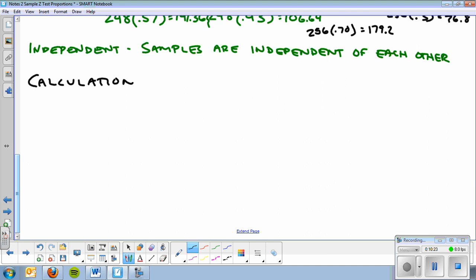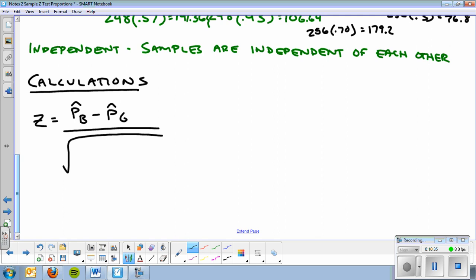Okay, so first off, we're going to write our formula. Z equals P hat B minus P hat G, over the square root of P hat times 1 minus P hat over N1 plus P hat times 1 minus P hat over N2, again, where P hat is that combined or pooled proportion.